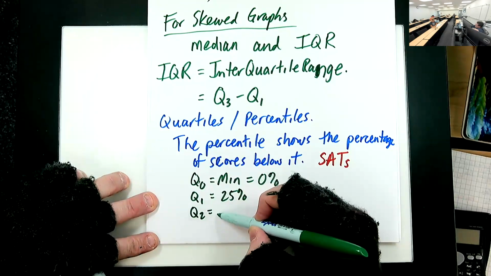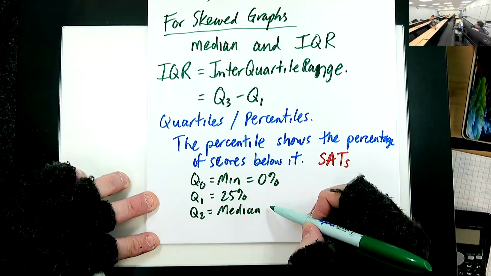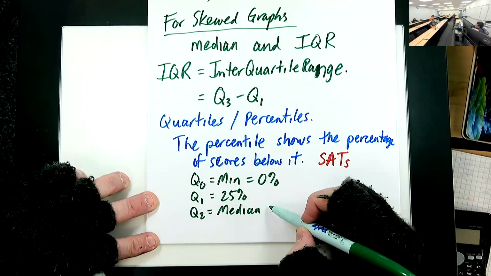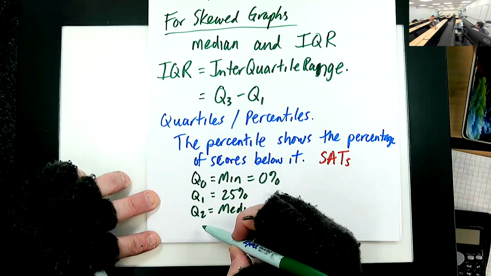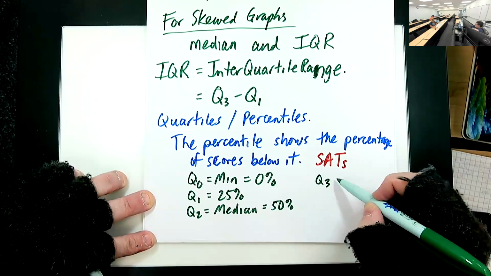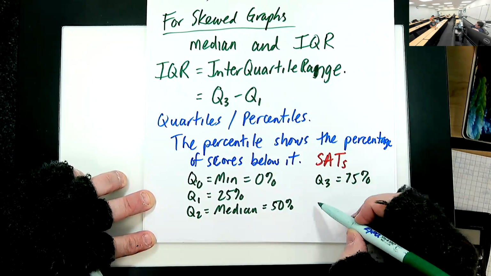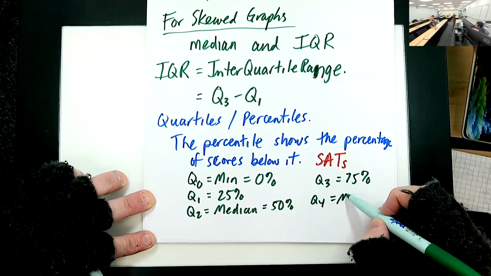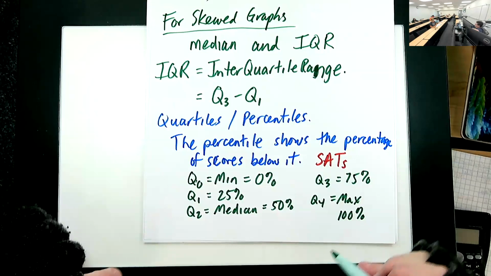Q2 we don't use, but it's effectively the median. We use it for our box plot and our 5-number summary that we're going to do tomorrow, but this is 50%. Q3, 3/4 is 75 cents, 75%. And Q4 is our max. You have the highest score, 100% of the scores are your score or lower.